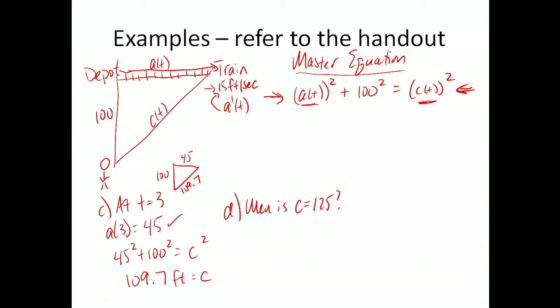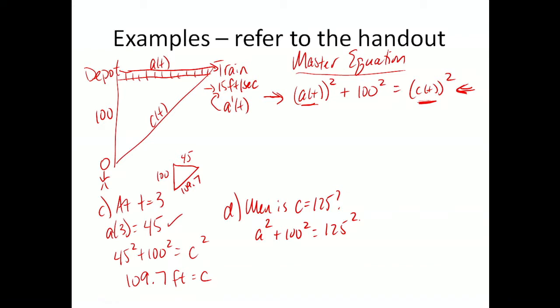So if you want to know when C is 125, let's solve. That would be saying the A side squared plus 100 squared, when is that 125 squared? Because to say C is 125 means this fact would have to work at some point.